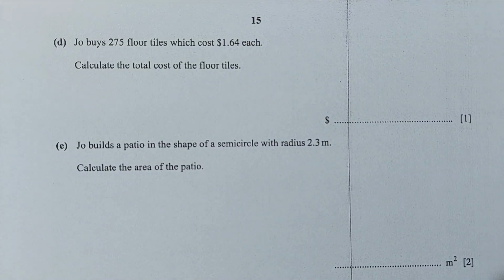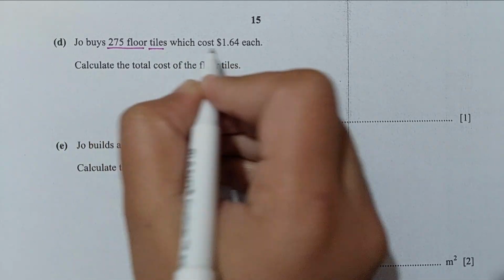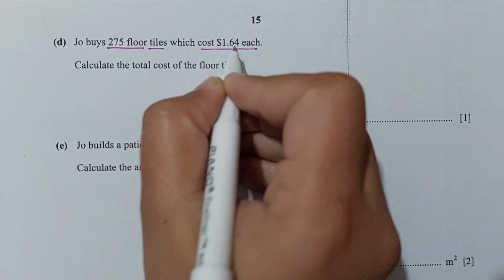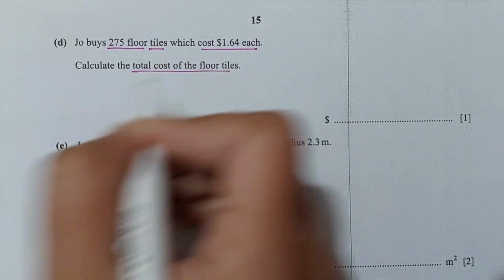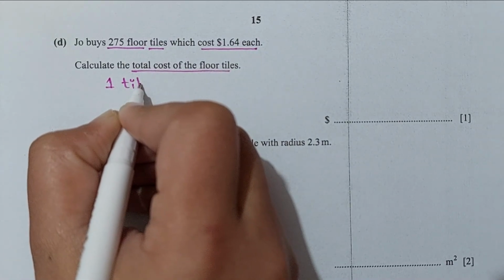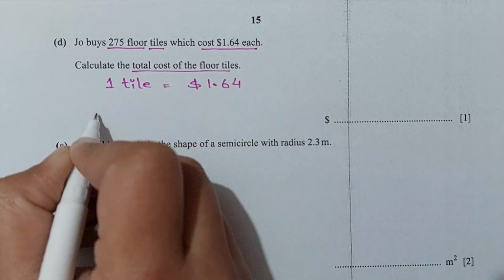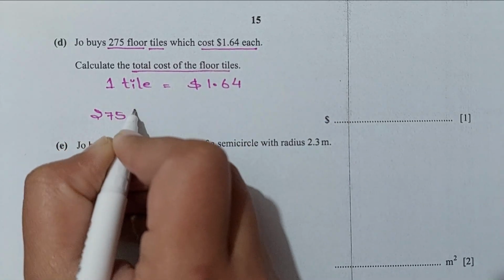Now for part D, Joe buys 275 floor tiles which cost this much each. Calculate the total cost of the floor tiles. If one tile costs $1.64, then what is the cost of 275 tiles?